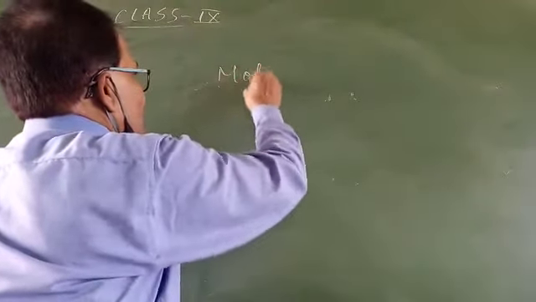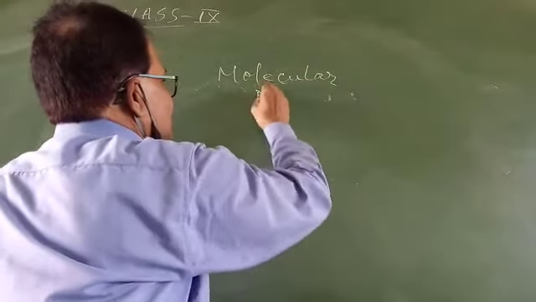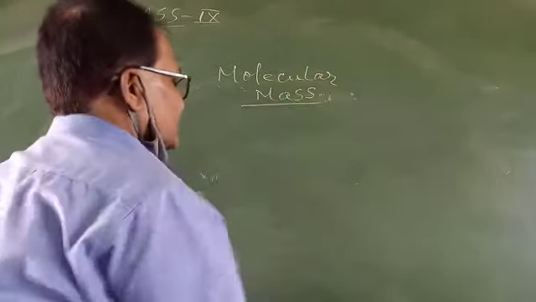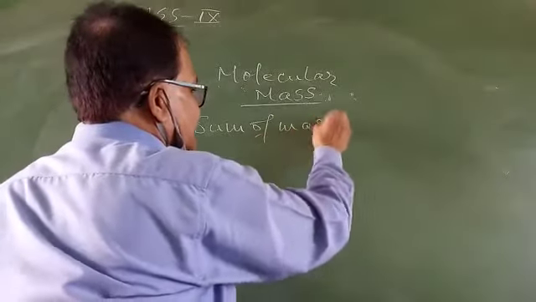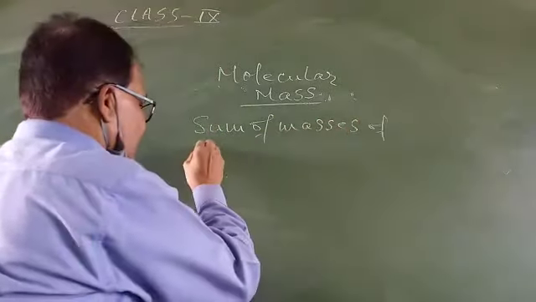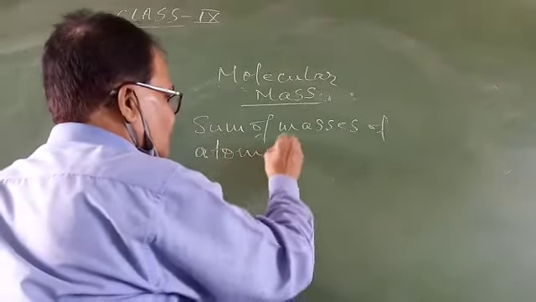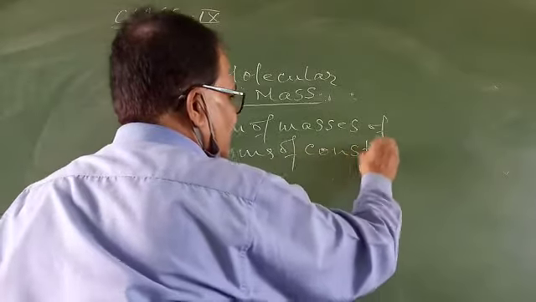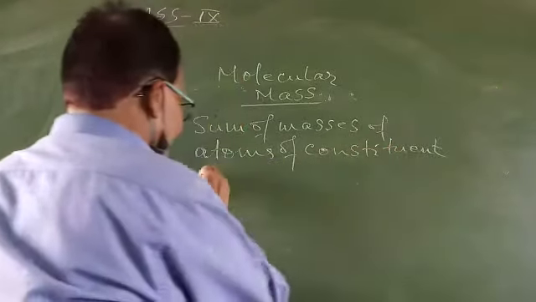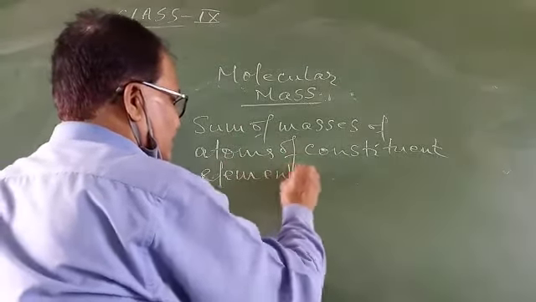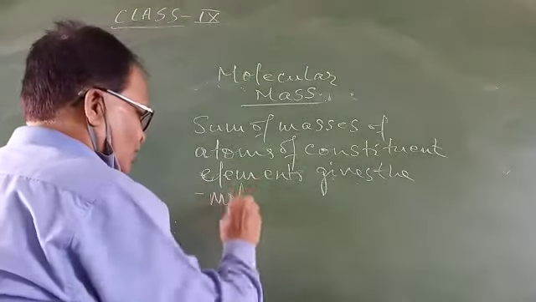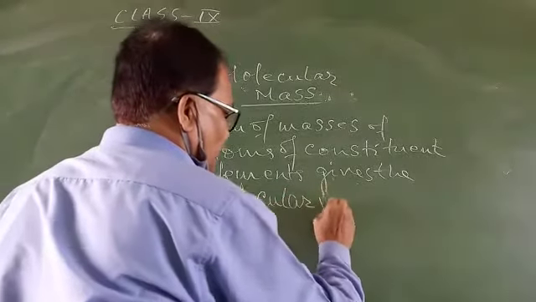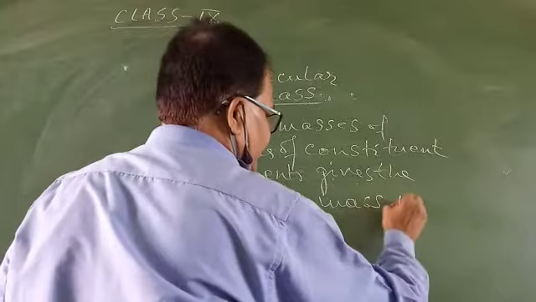Now, molecular mass. This may be defined as the sum of masses of atoms of constituent elements gives the molecular mass of the chemical.